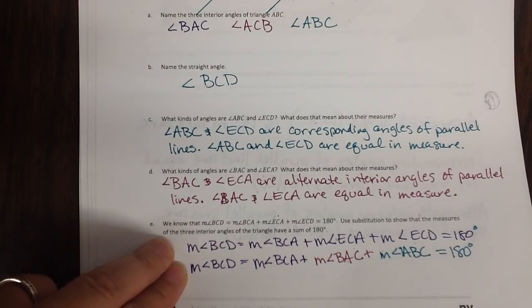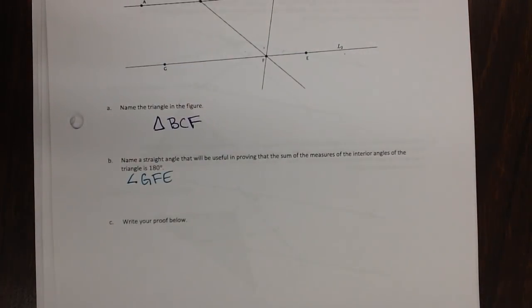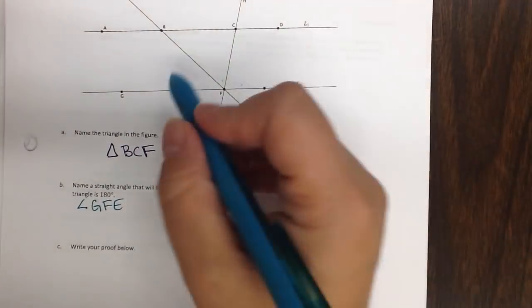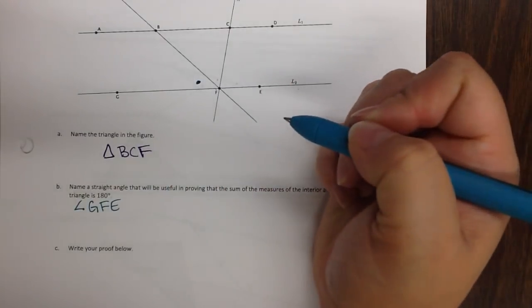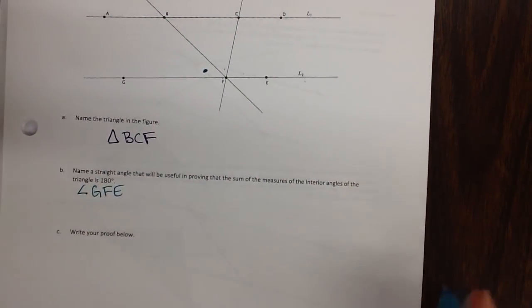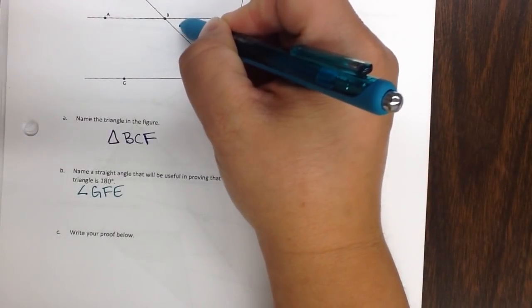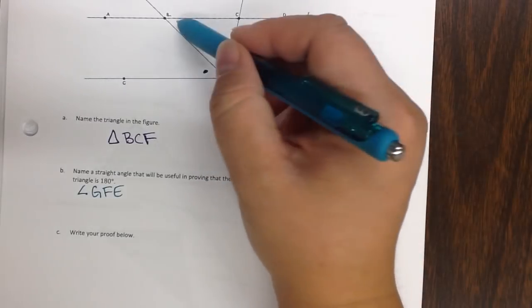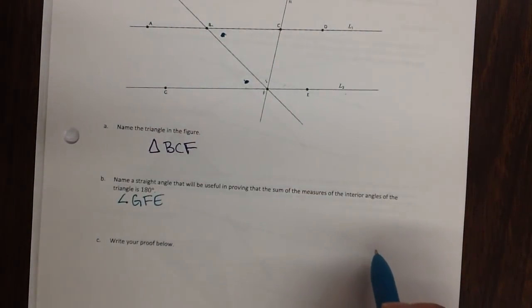Okay, so I'm going to start with this angle, angle GFB right here. I know that it is the same measure as this one, angle CBF, because they are alternate interior angles.